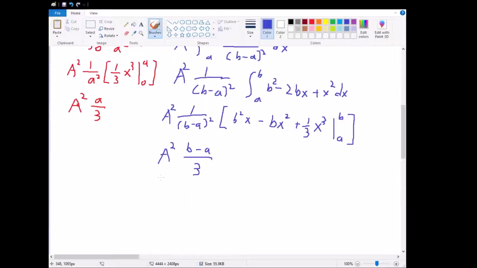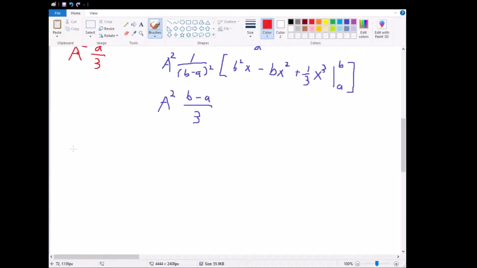So our first integral equals A squared times a divided by 3, added with our second integral, which is A squared times (b minus a) divided by 3, and this must equal 1.